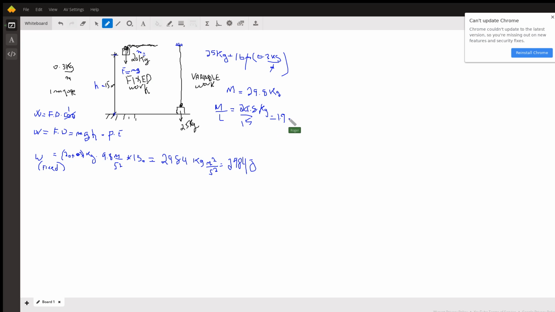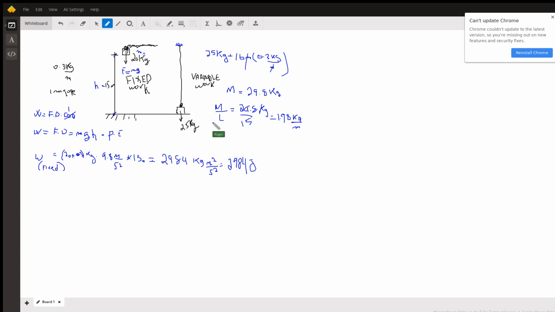Okay. So the variable weight as it's being lifted, when it started here, it's 1.98 kilogram per meter, but that basically changes because the force is changing.